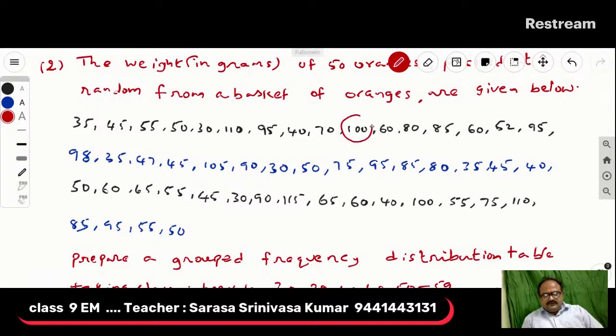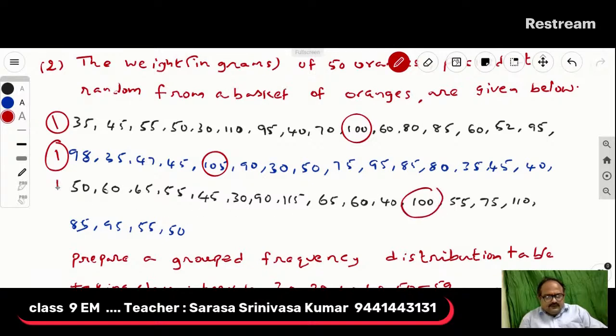So this is the first orange in the first row. So 100 grams, this is the first orange. Next, 105. This is another orange. Next, 100 grams.